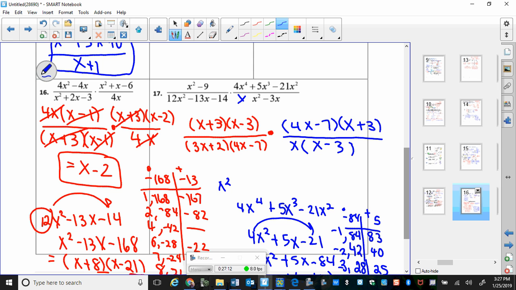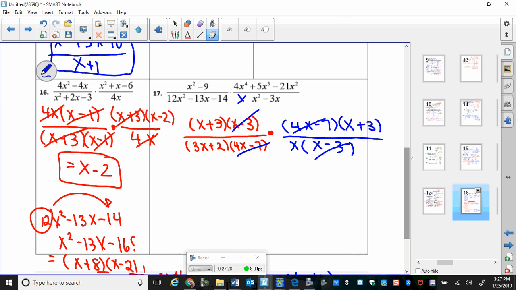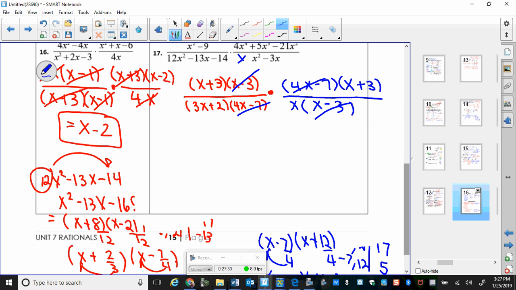All right, and now I can go back and look at what cancels. 4x minus 7 cancels, and that's all that cancels. I'm going to erase the stuff at the bottom here, and I'm just going to rearrange and simplify from there. So I have x plus 3 times the quantity of x plus 3 divided by 3x plus 2.